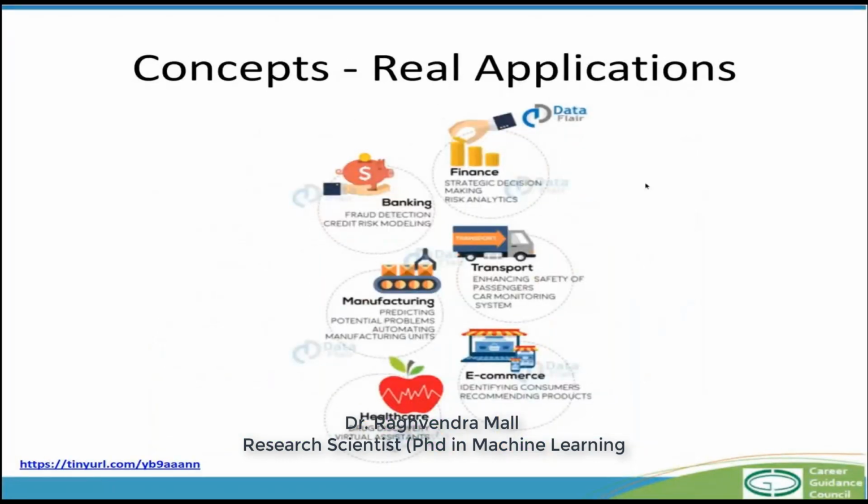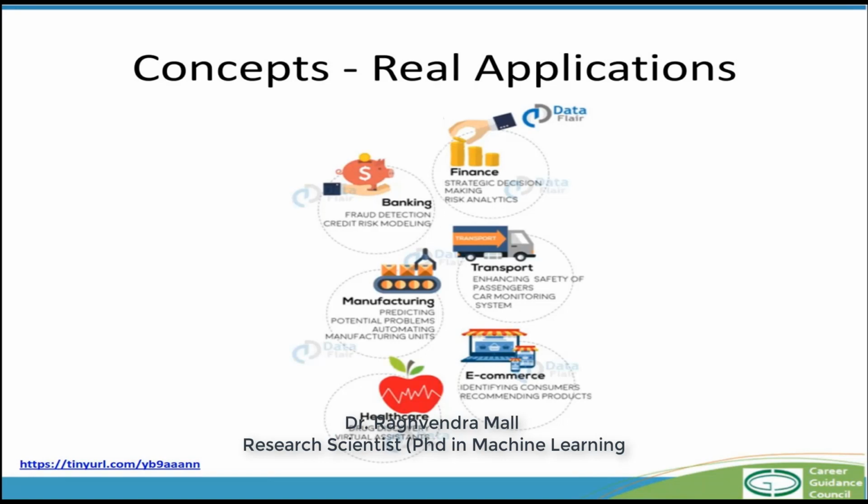I hope I made it clear that there are many different applications. To reiterate: in banking, fraud detection and credit risk modeling fall in supervised learning. In finance, strategy decision making and risk analytics can be both supervised and unsupervised learning.